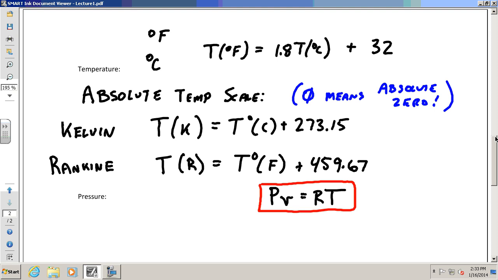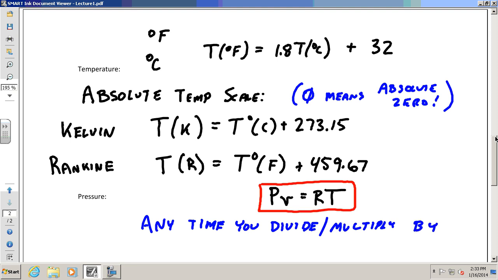So here's the takeaway. Here's what I'm trying to show you here. Any time you divide or multiply, and a lot of our formulas divide and multiply by temperature, it must be an absolute temperature.